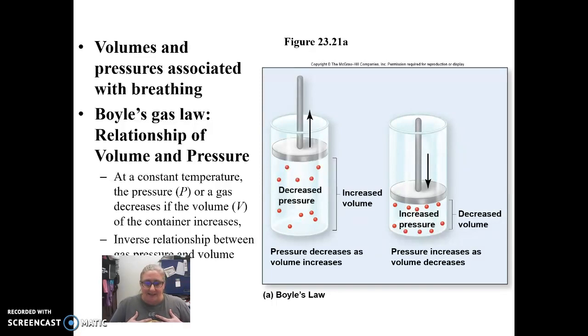Boyle's Law states that if you increase volume, you decrease pressure. And if you decrease the volume, you increase the pressure. So look at this. Let me first go through the picture, okay?